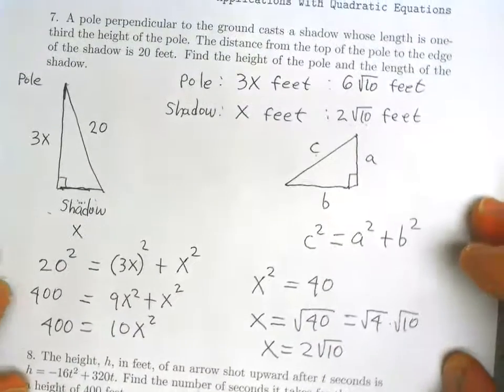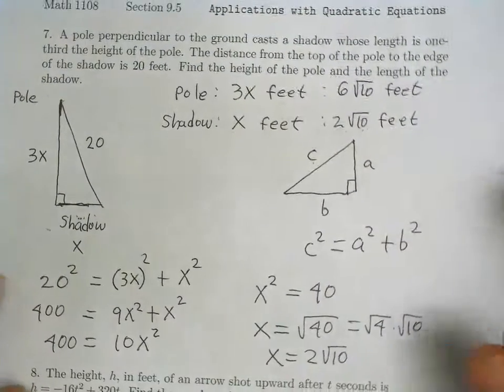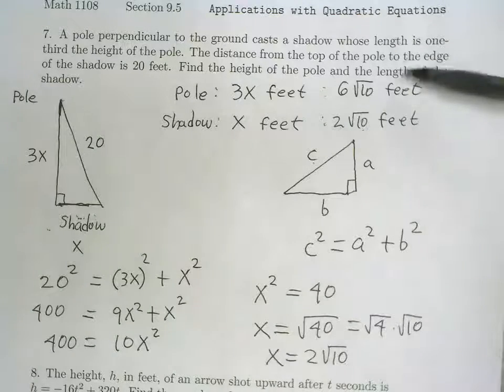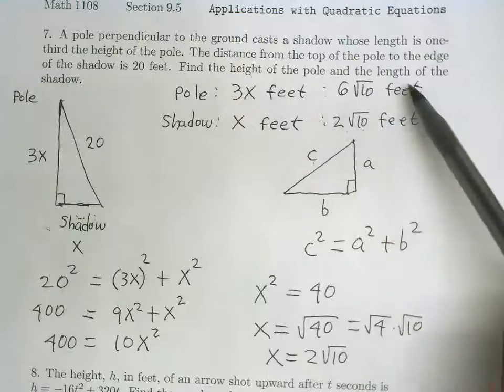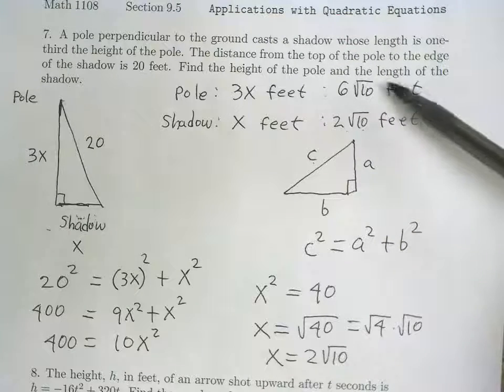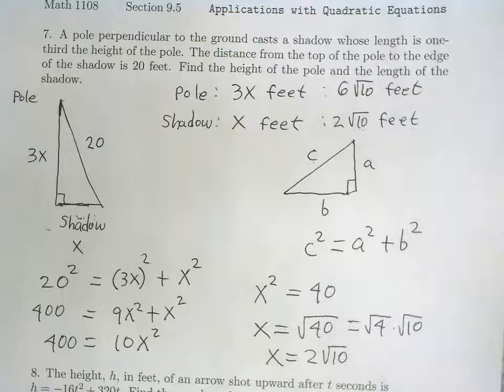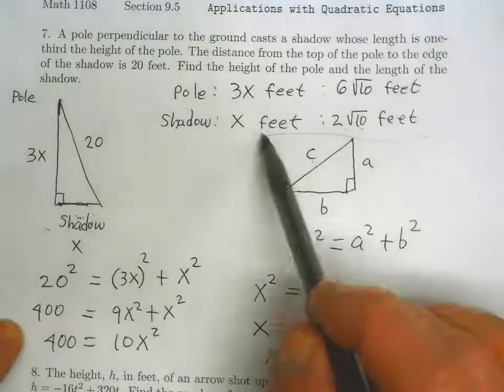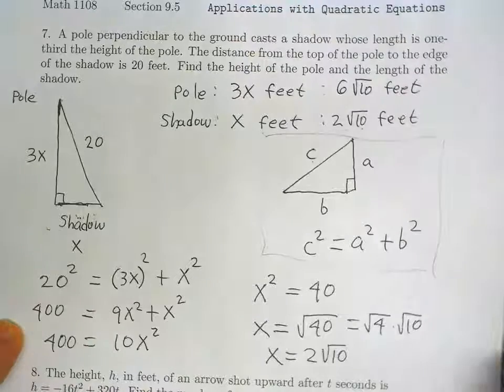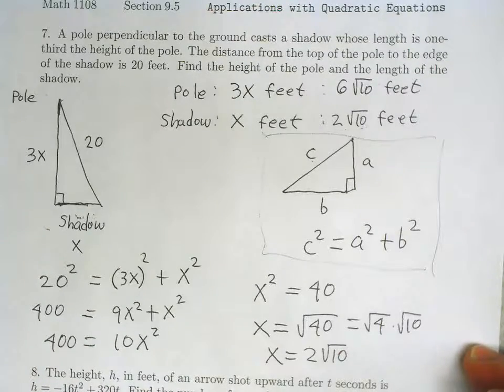Okay, if you're supposed to round your answers to 1 decimal place or 2 decimal places, you can use your calculator and get decimal approximations. Okay, so make sure that you know how to use the Pythagorean theorem for right triangles.